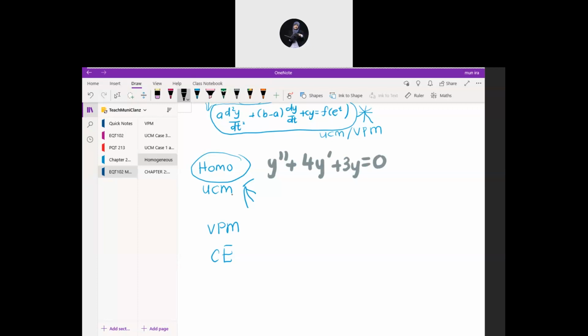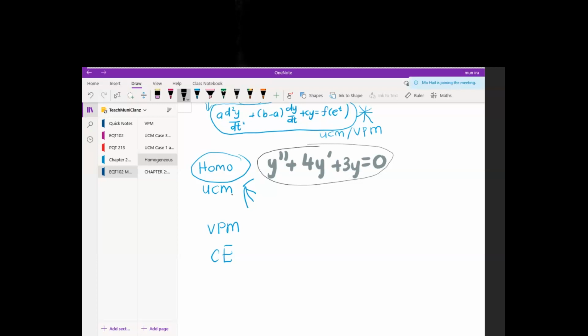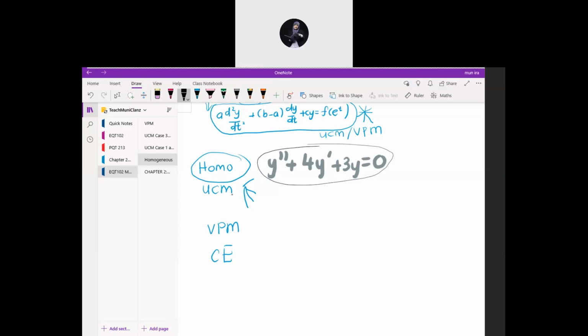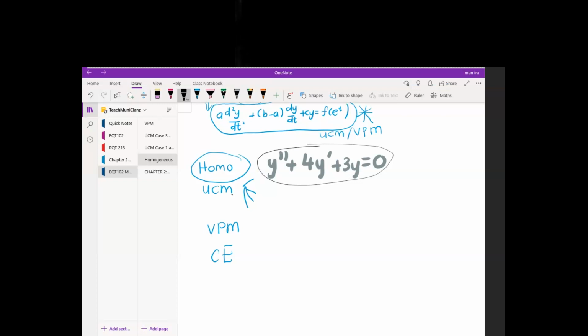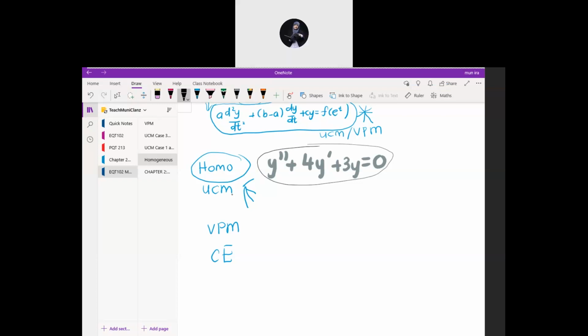Abdullah? Okay Abdullah, I want to know how you can solve for this homogeneous equation. Abdullah? Okay, so how you can solve this one, Abdullah?